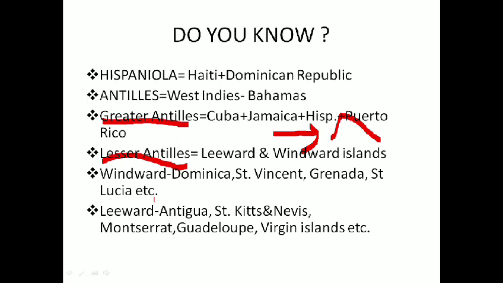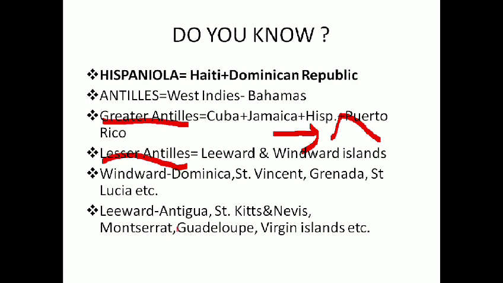These together constitute the windward Antilles. Now what is leeward Antilles? Antigua, Saint Kitts and Nevis, Montserrat, Guadeloupe, Virgin Islands, and other small islands together constitute leeward Antilles. Okay.